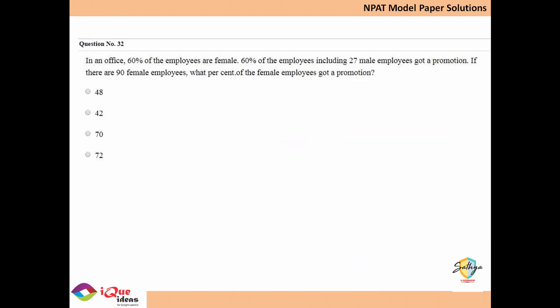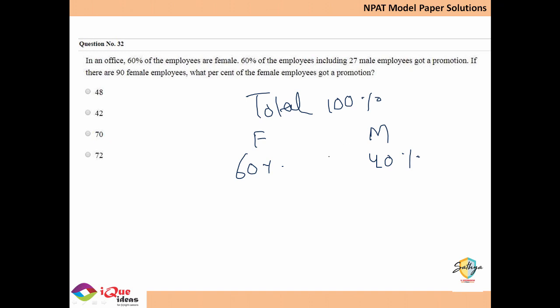In an office, 60% of employees are female. So if there are 100% employees, then 60% are female, which means 40% are male. Now, 60% of the employees, including 27 males, got a promotion, right? So out of the 100%, 60% got a promotion, out of which 27 males got a promotion.